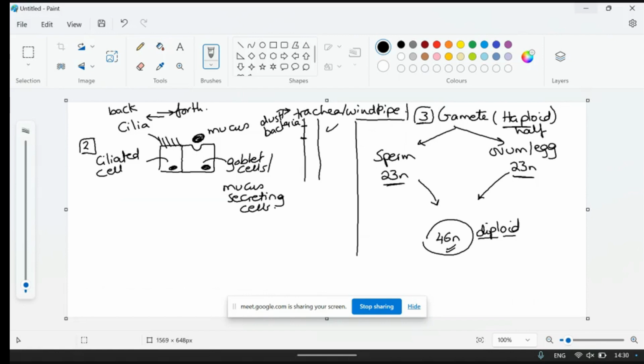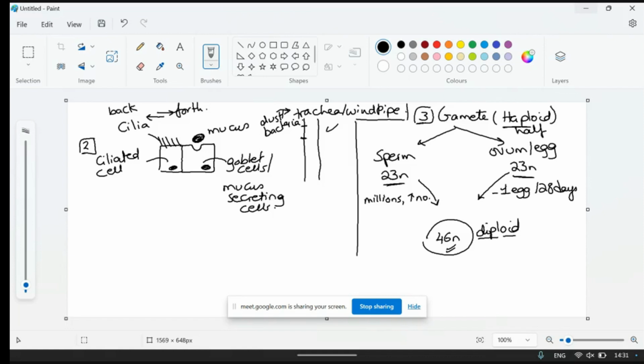What other differences are there between the sperm and the ovum cell? Male can produce millions of cells, or a large number of cells, at one time, while female, the majority of them, produce only one egg cell or ovum cell every 28 days. Here I'm talking about the majority of females.